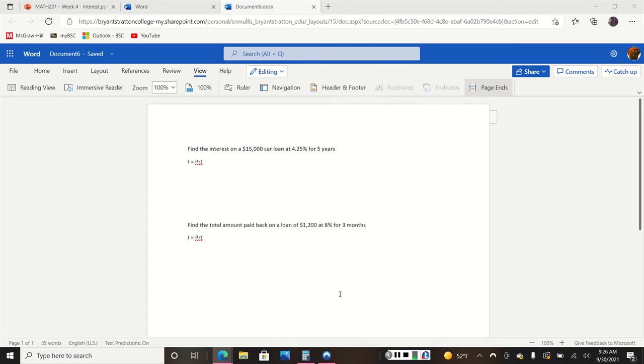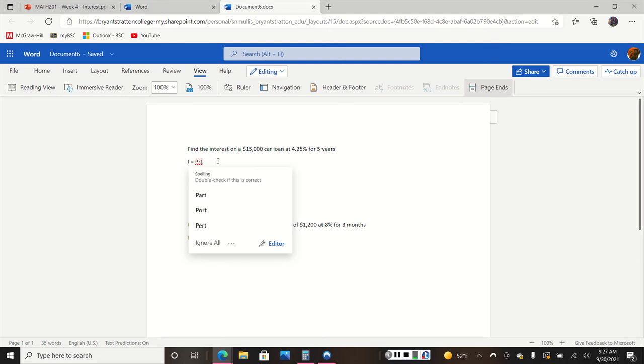For the next example, we're going to use something a little more real world. So people have car loans or car notes, and depending on how much the principal is and the interest and the number of years that you have to pay it back, you can get an idea of the total amount of interest you pay.